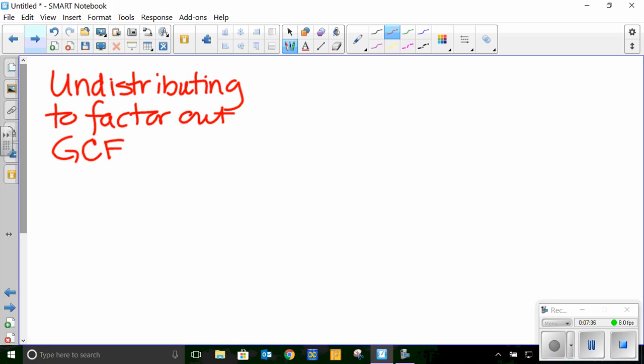So for example, if I have this, what I'm going to do is the same thing I just did a moment ago, and I'm going to pull out the greatest common factor between 15x and 25x squared. So the greatest common factor between 15 and 25 is 5. I can pull that out. And I also have an x common with both, so I can pull out one of the x's.